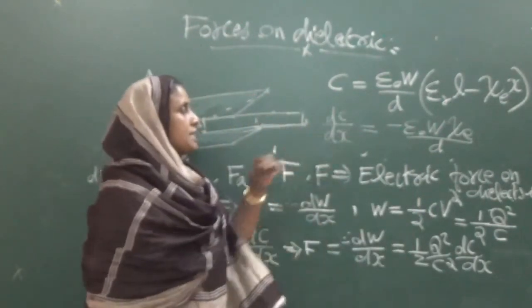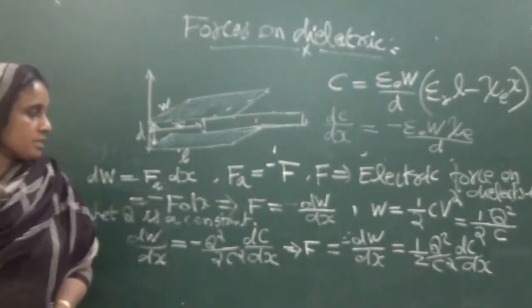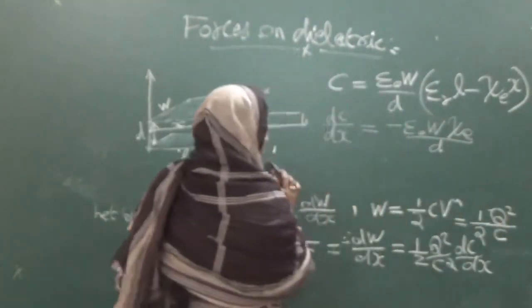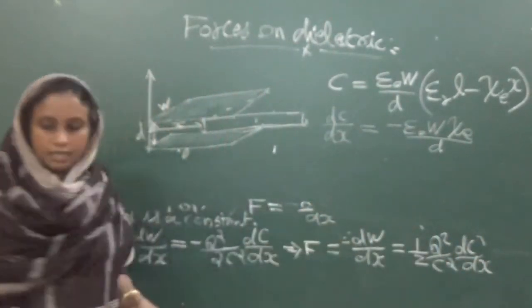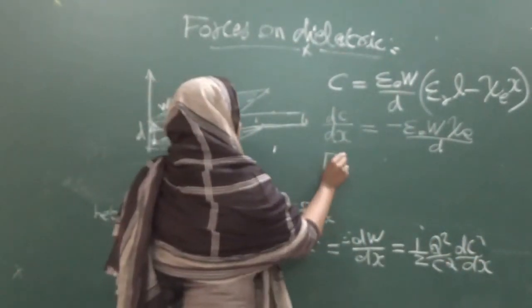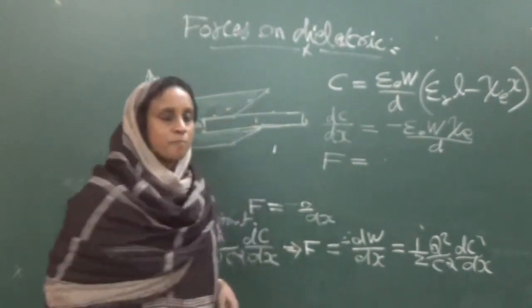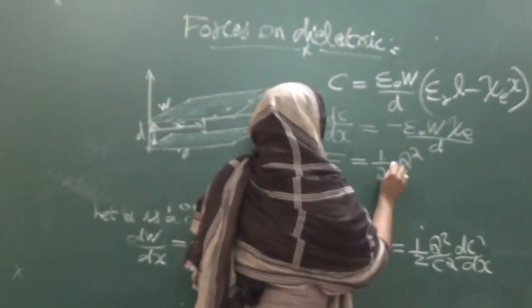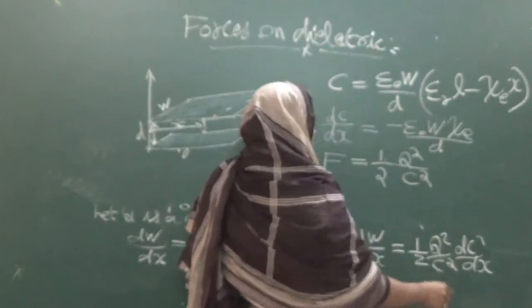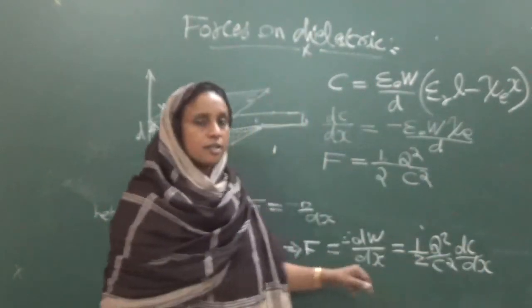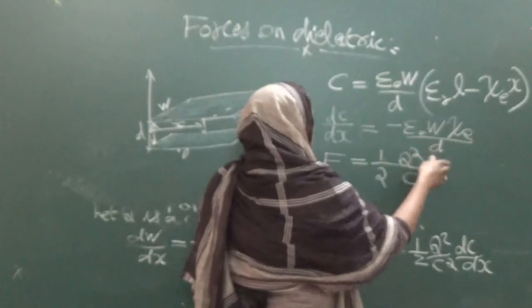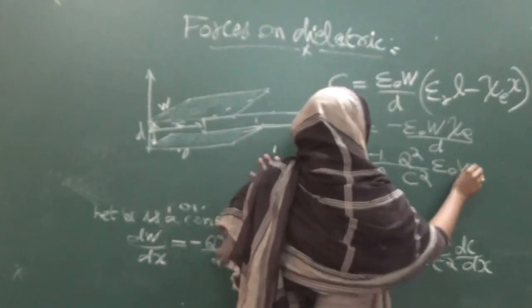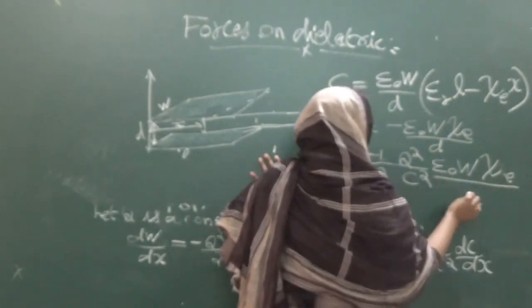That means the electric force F, which is given by half Q squared by C squared dC by dx, uses dC by dx equal to minus epsilon 0 W chi E by d.